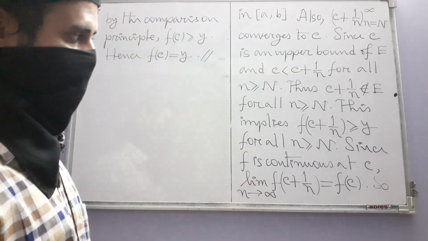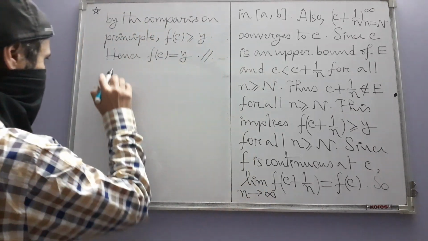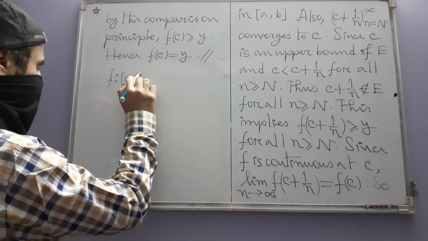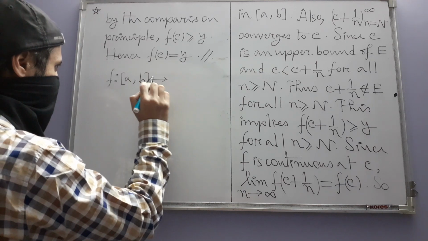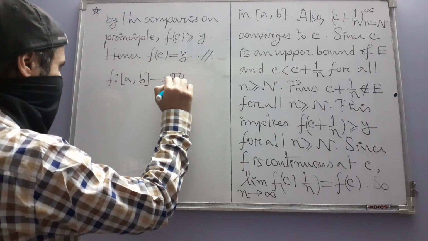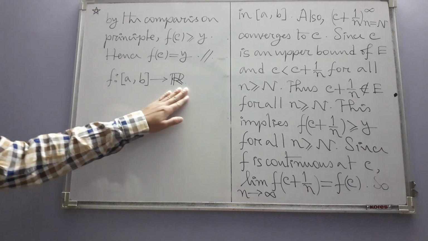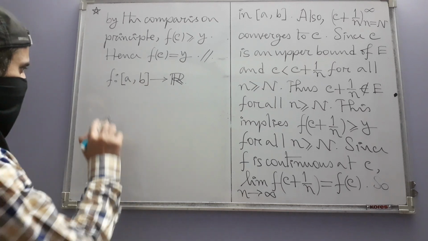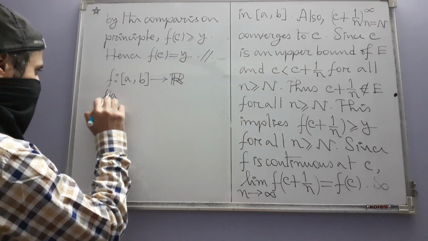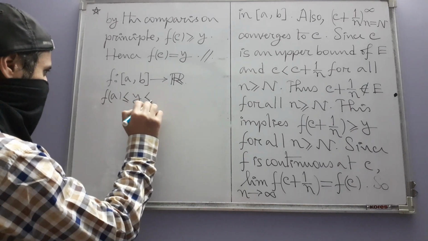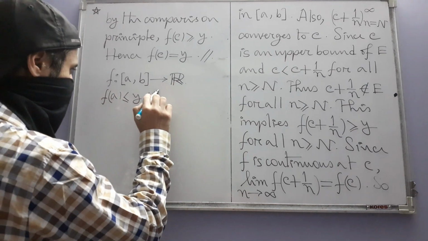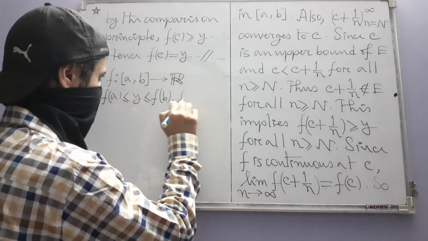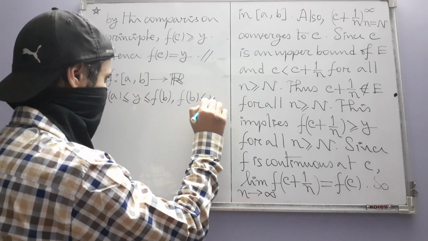So what the theorem says basically is just this. Let's summarize the theorem briefly. We have a continuous function like this, whose domain is a closed interval, and there is a real number y, which may be any real number, between f(a) and f(b), either like this or like this, as the case may be.